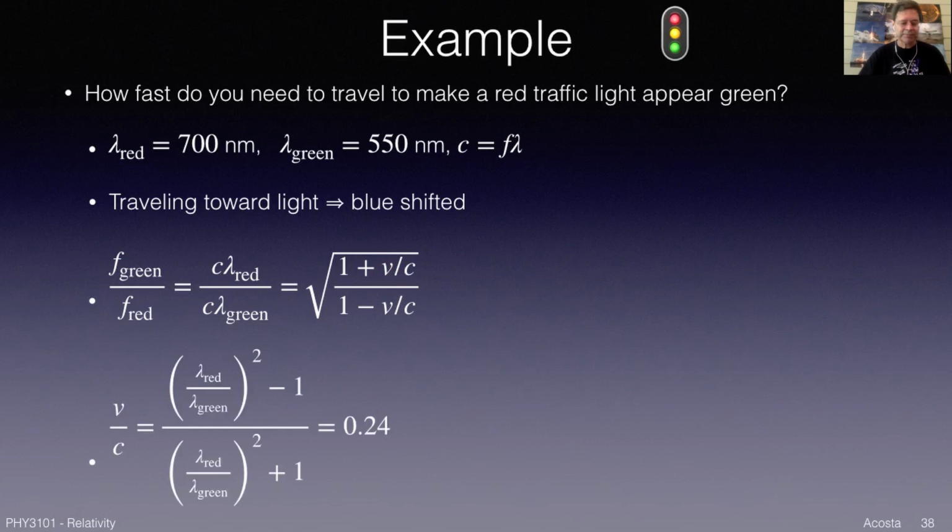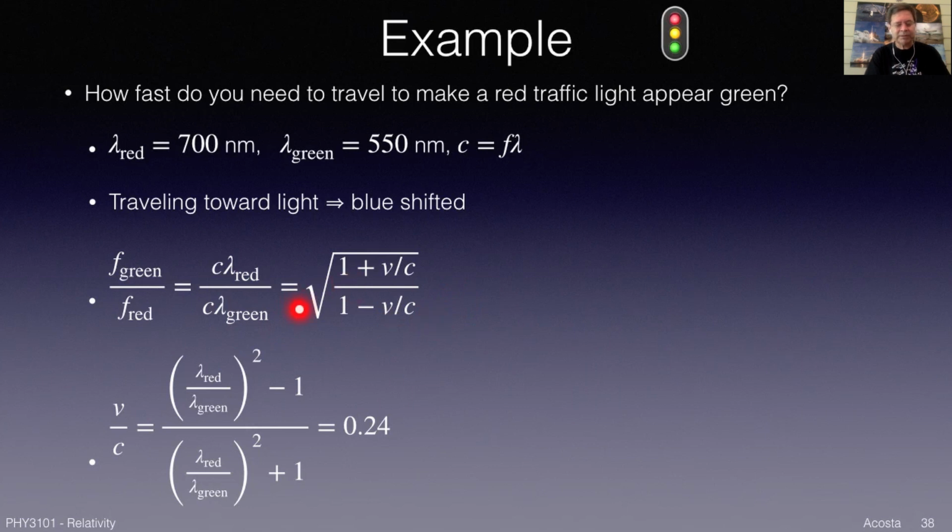So we're going to do that. I've done it quickly, so you may need to pause the video or at least offline, see if you can work this out. But I'm going to square both sides. Well, actually I'm going to square the side of lambda red over lambda green. That gets rid of the radical. Then I multiply both sides by 1 minus v over c. Right?